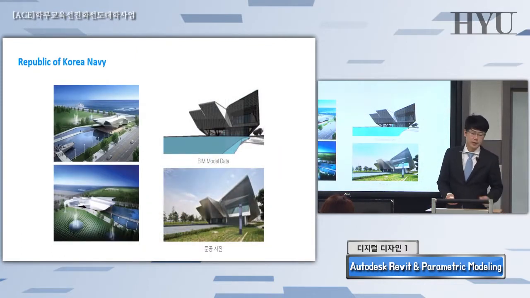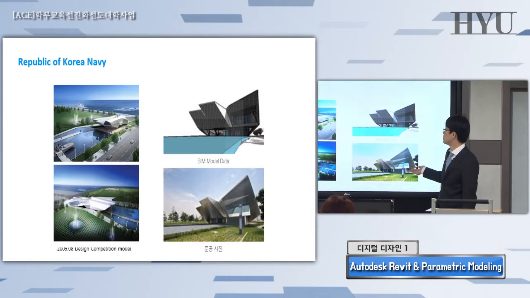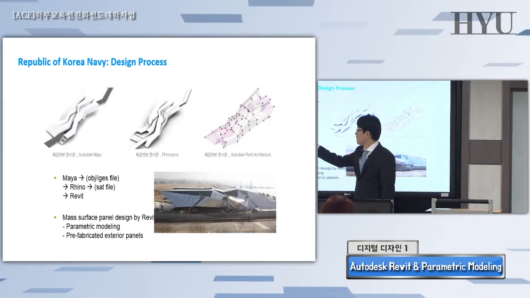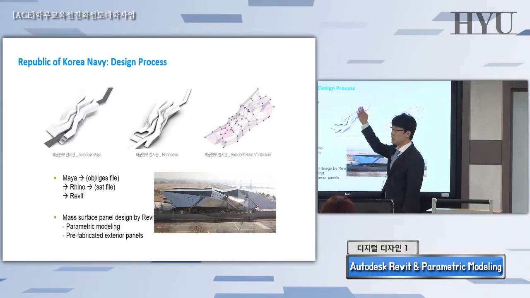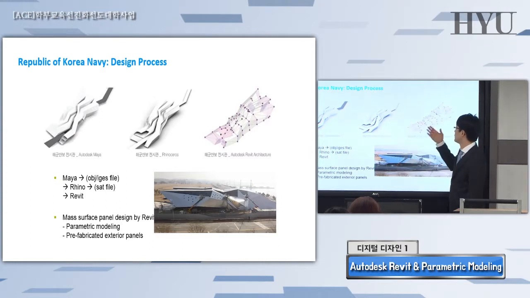And next one, Korea Navy Museum. This one has a certain type of non-uniform design. Basically, the model was designed by geometric design tools such as Rhino, something like this, but imported into a BIM application with some parameter nodes put on control points.